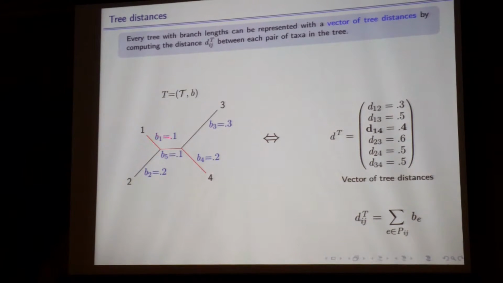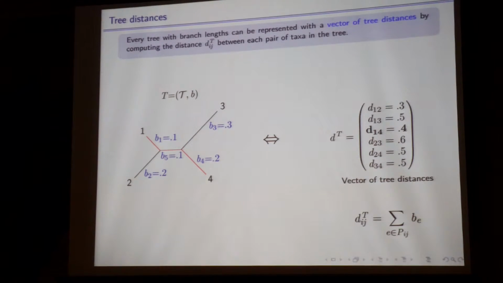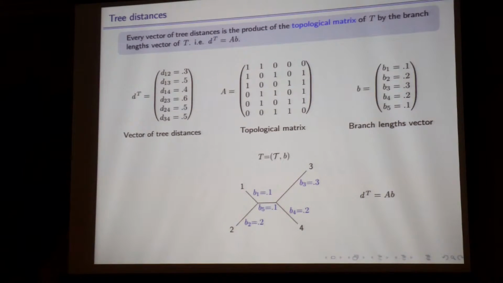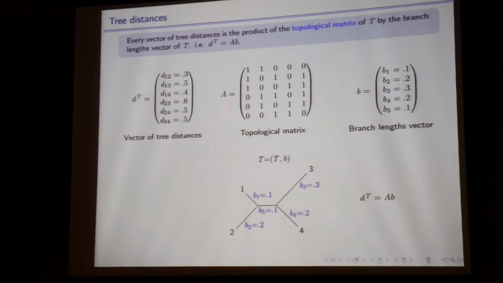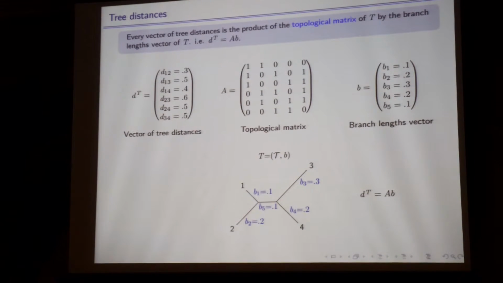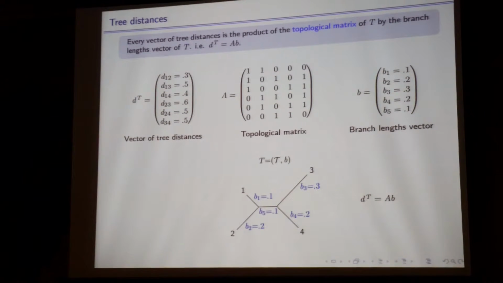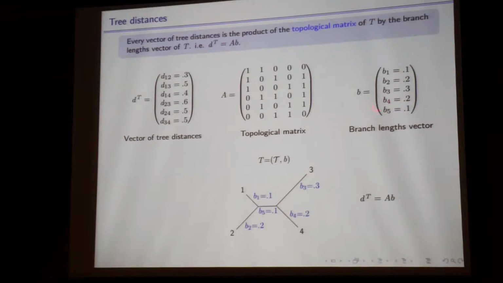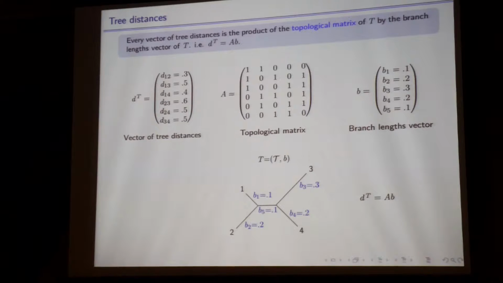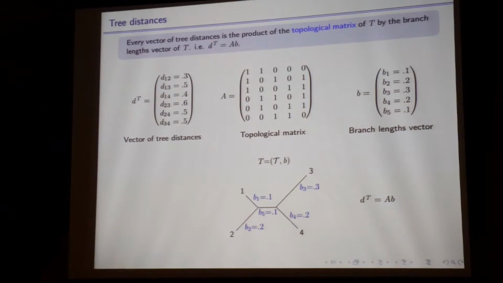That is the sum of the branches 0.1 plus 0.1 plus 0.2. Another property is that the tree distances can be written as a product of a topological matrix multiplied by the branch length vector. The topological matrix is a binary matrix that codes for the shape of the tree.